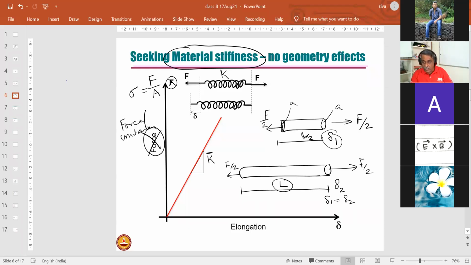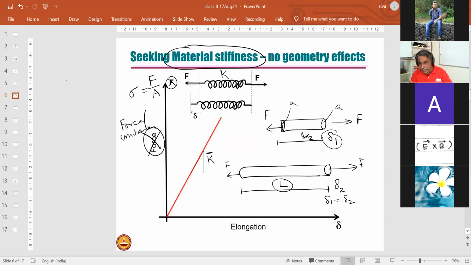I'll repeat it once more. So let me just take it as F, it does not matter. Let us say I take a small piece L by 2 and apply a force, I'll get delta 1. I take a long piece like this, which is of length L, and I apply the same force F.